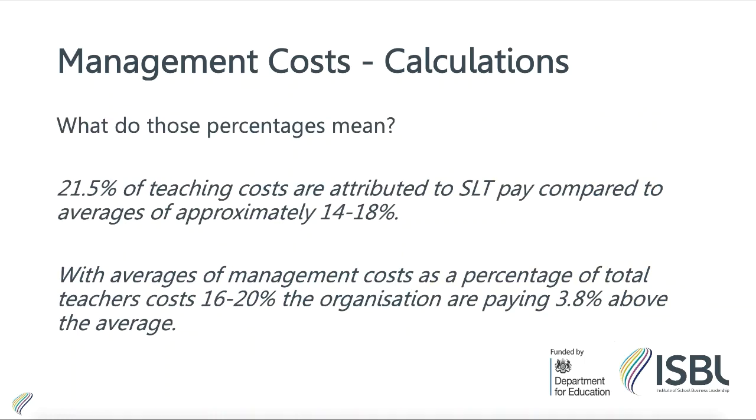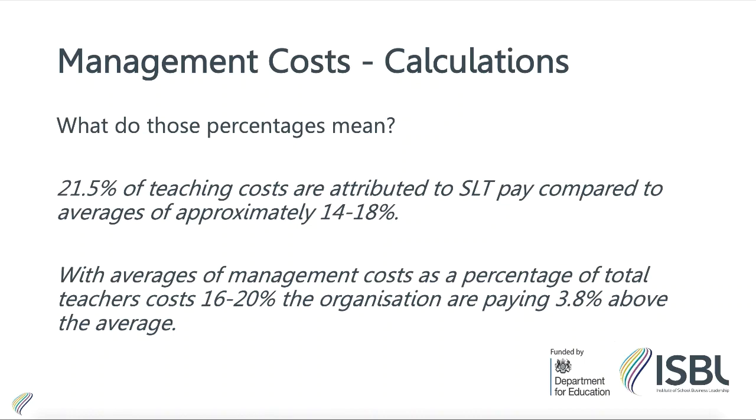In this scenario, the school are paying more on leadership and management than the benchmark thresholds. So this could mean the leadership team is too big. The metrics are a starting point for conversation and the information needs to be triangulated. Is the organisation aware that their costs are too high?